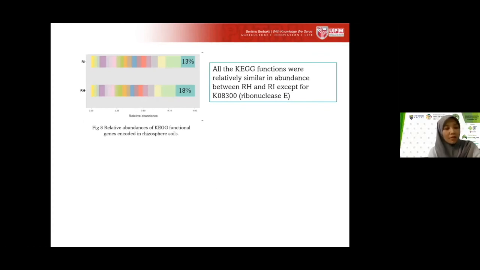So now that we have seen the marked difference in the community structure of bacteria in the banana rhizosphere, we went on to check the difference in the predicted gene function of the soil rhizosphere community. We found that all the KEGG functions were relatively similar in abundance between RH and RI, the healthy and infected rhizosphere, except for ribonuclease E, which is involved in RNA degradation or metabolism.